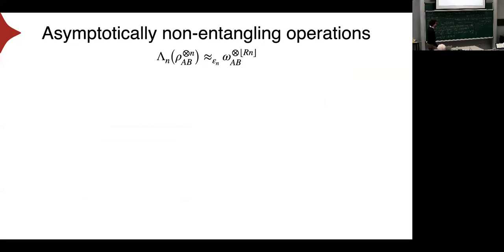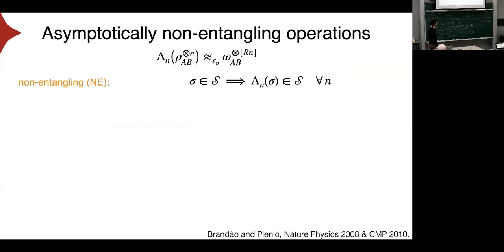And so the fix that they came up with was to introduce this kind of crazy set of operations that are called asymptotically non-entangling. Okay, so what's a non-entangling operation? A non-entangling operation is something that if you put in separable states, it spits out separable states. Anything you might want to do entanglement distillation with should not violate this rule, right?